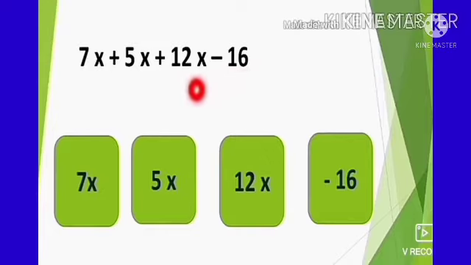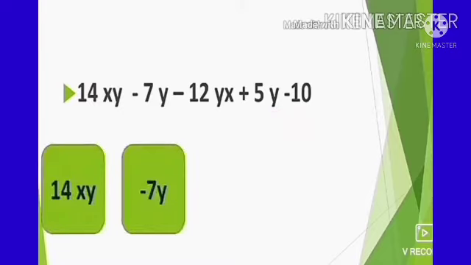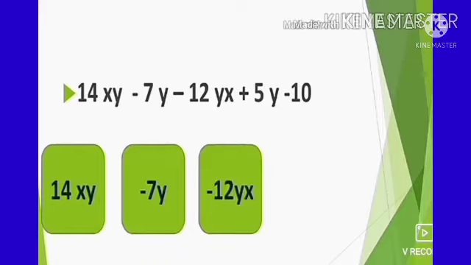Consider another example. The expression 14xy minus 7y minus 12yx plus 5y minus 10 has 5 terms. They are 14xy, minus 7y, minus 12yx, plus 5y and minus 10.